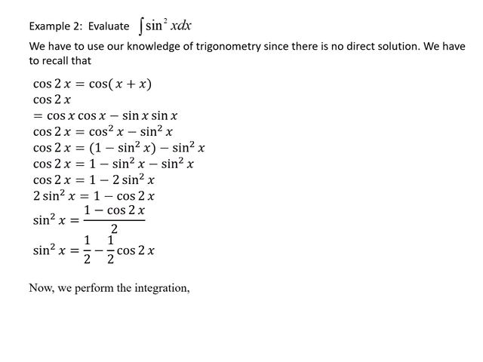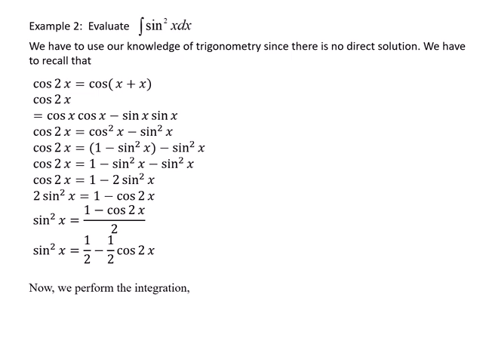So go through it step by step. Cos 2x equal to cos(x plus x) will be equal to cos x cos x minus sin x sin x.